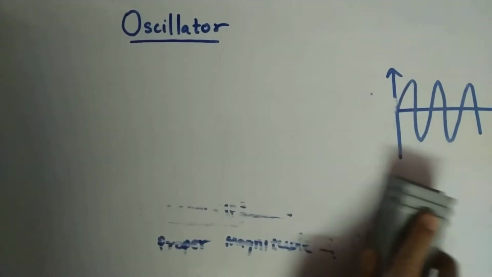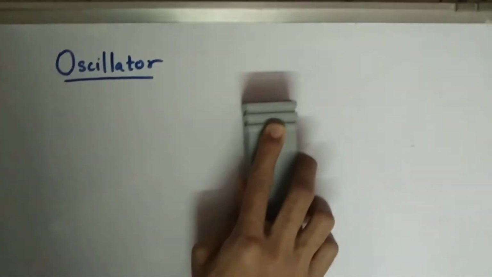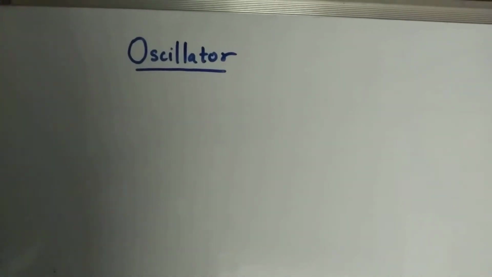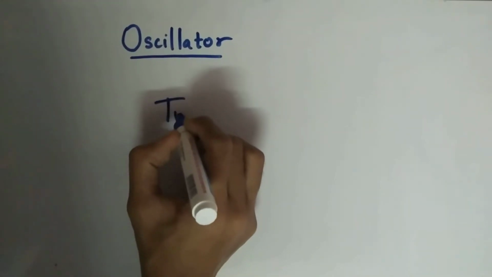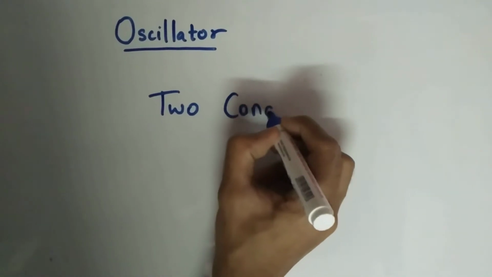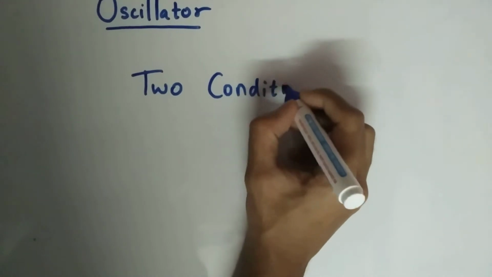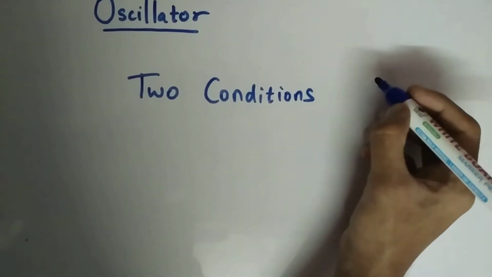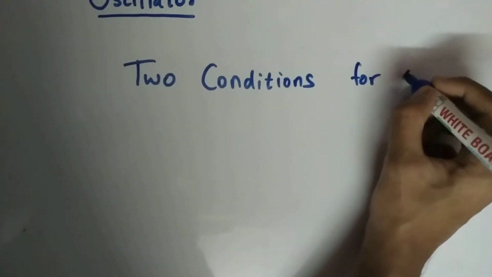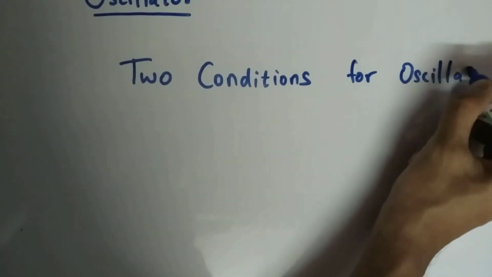But for oscillations, there are two conditions. These are the most important points: two conditions for oscillations.